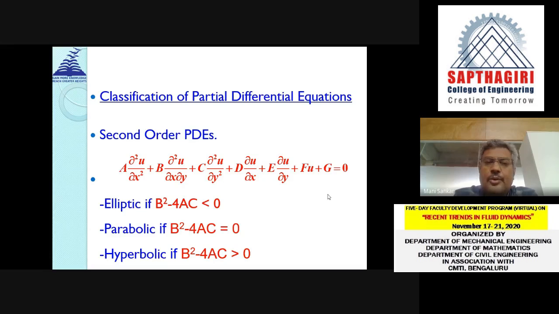Okay. Now, if we assume the coefficients are constants, then the differential equation is called elliptic if the quantity b squared minus 4ac is less than 0. If it is equal to 0, it's parabolic, and if it is greater than 0, we call it hyperbolic. What does it mean? Elliptic means we generally say that the differential equation is independent of time.